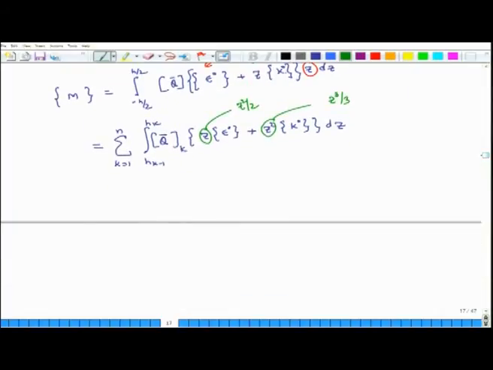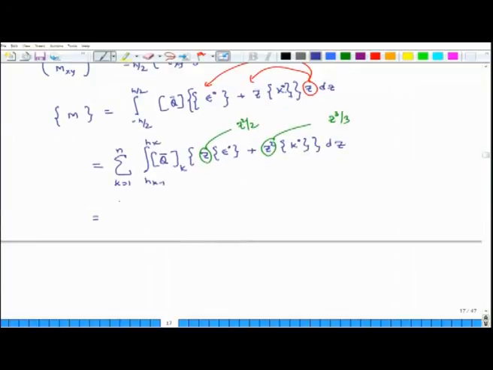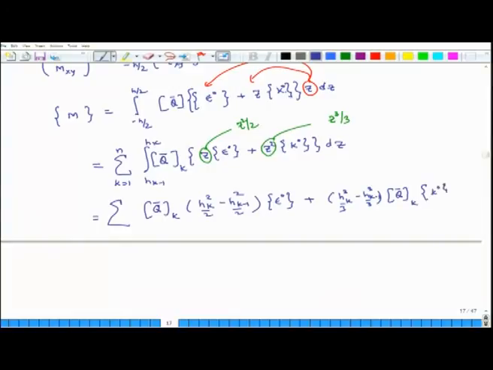So, once I have integrated, I get Q bar for the kth layer times, when I apply limits on z square by 2, h k square minus h k minus 1 square by 2, times epsilon naught, plus, if I integrate this, h k cube minus h k minus 1 cube by 3 times Q bar matrix for the kth layer times the mid plane curvature vector.